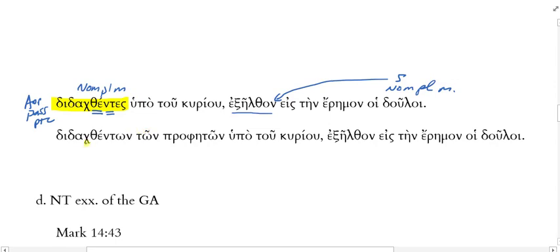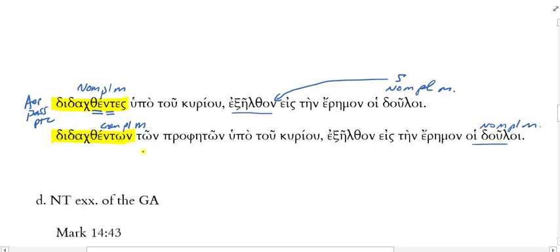All right. Now the next form is didachthentōn with tōn prophētōn, and then everything else is the same. So what case is didachthentōn? That is genitive. Okay, plural masculine. Hoi douloi is still nominative, plural masculine. So are the servants the ones who were taught over here?